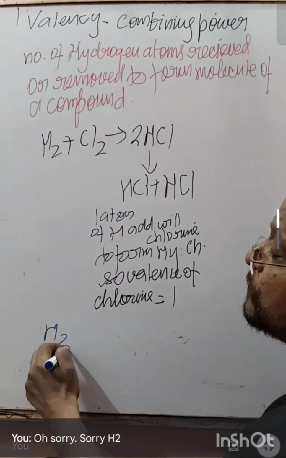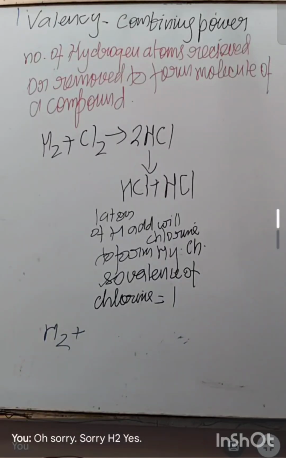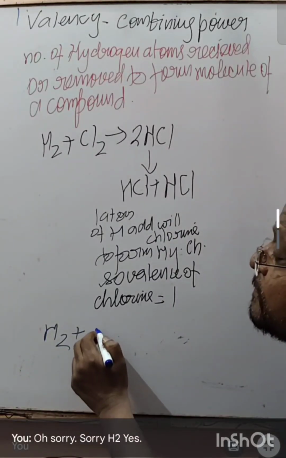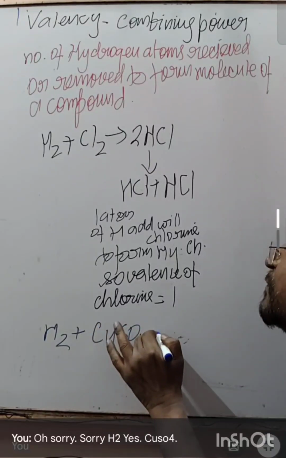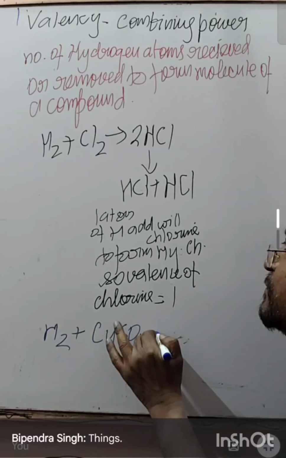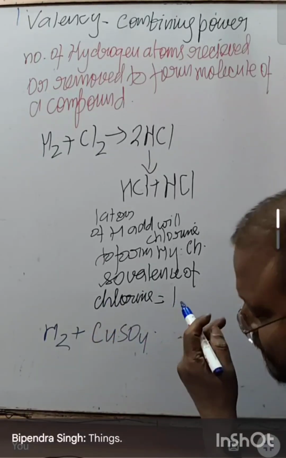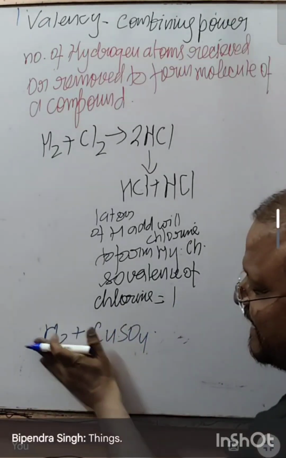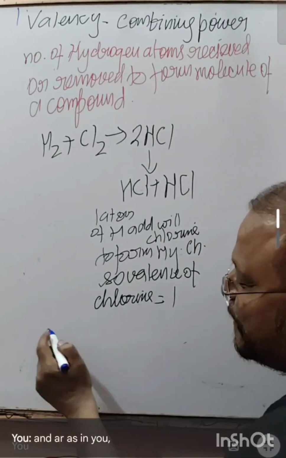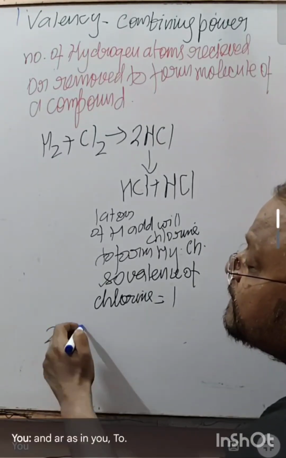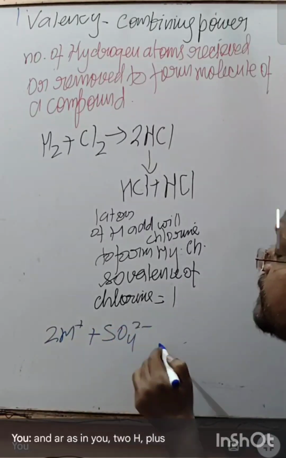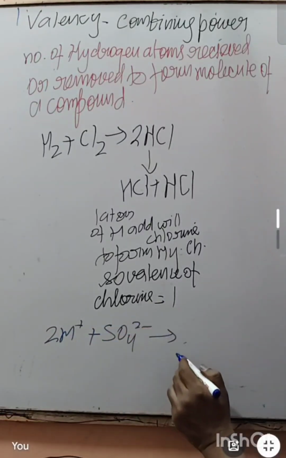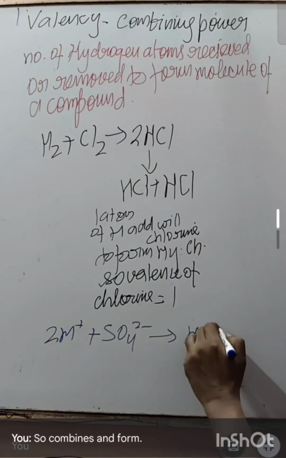H2 plus SO4, take it like this: 2H plus SO4 2 minus combine and form H2SO4.